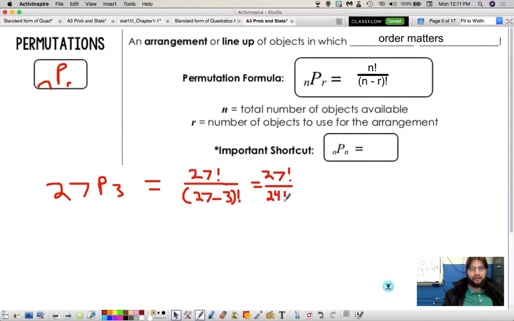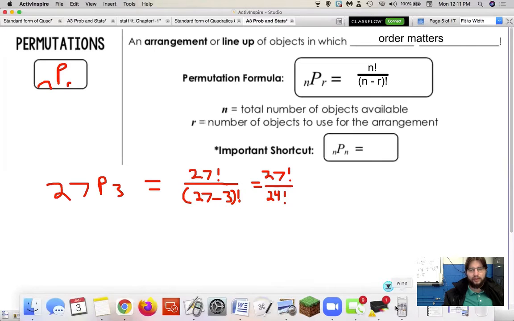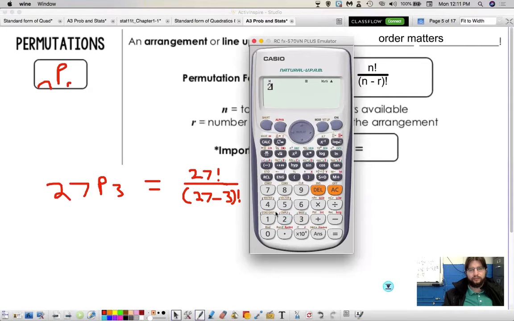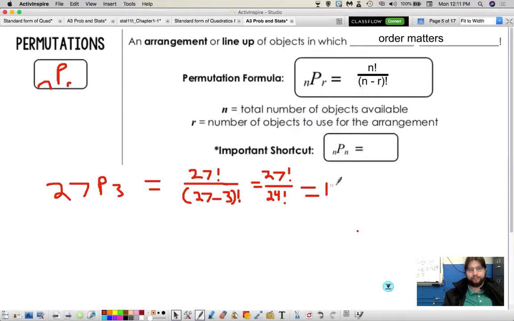So you can type that in the calculator, or you can do 27 times 26 times 25. Either way we do it, we'll come up with 17,550. That's how many different ways we can choose a first, second, third place person out of 27 people.